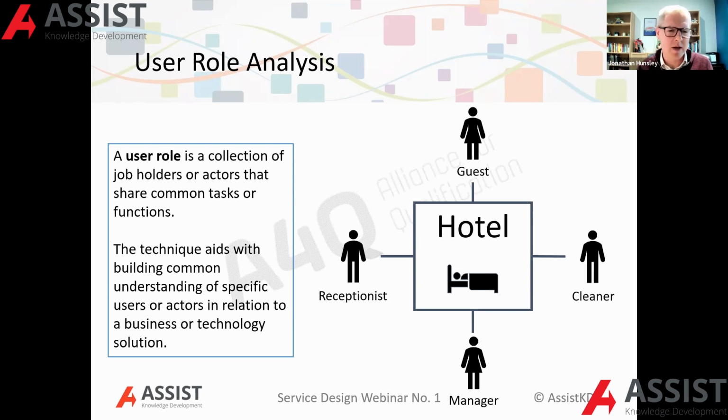And it's maybe not as clear in the diagram that I'm showing you as it could be, but the notation has them as separate. And what it does is it allows you to build up your understanding, start discussion with regard to the individual user roles and the functions and tasks that they predominantly want to focus in on.